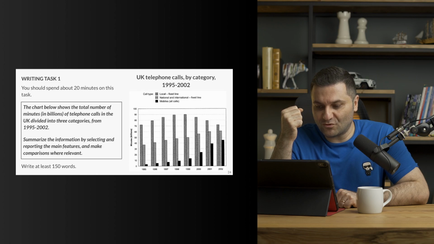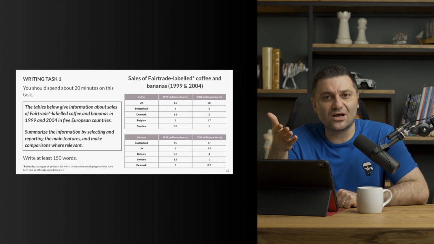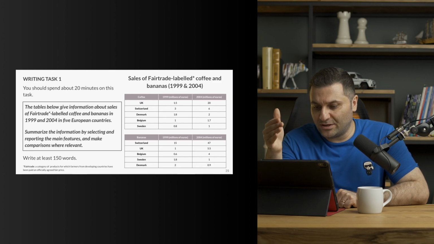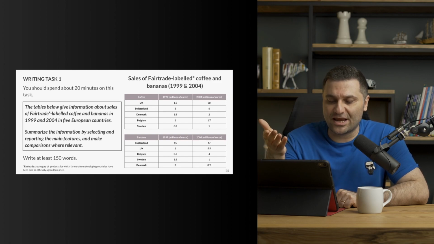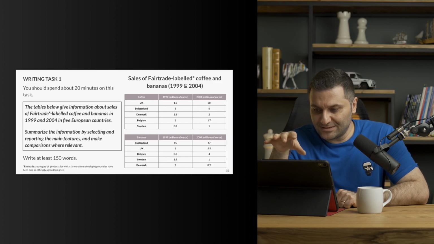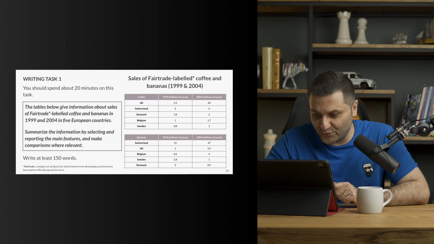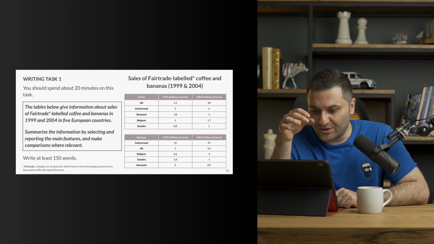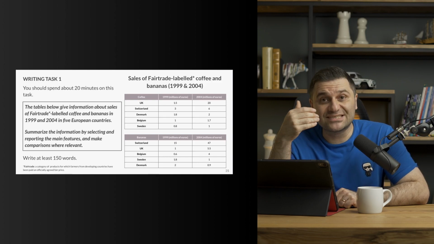graph, actually, it is not a graph, it is a table. Trend table, let's say. As you see, we have 2 tables here, and the dates are 1999 and 2004. And here we have, for example, the consumption, about the sales of fair trade labeled coffee and bananas.